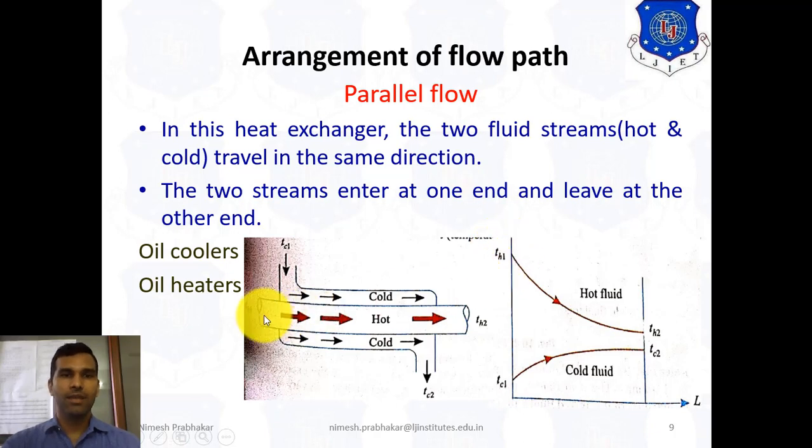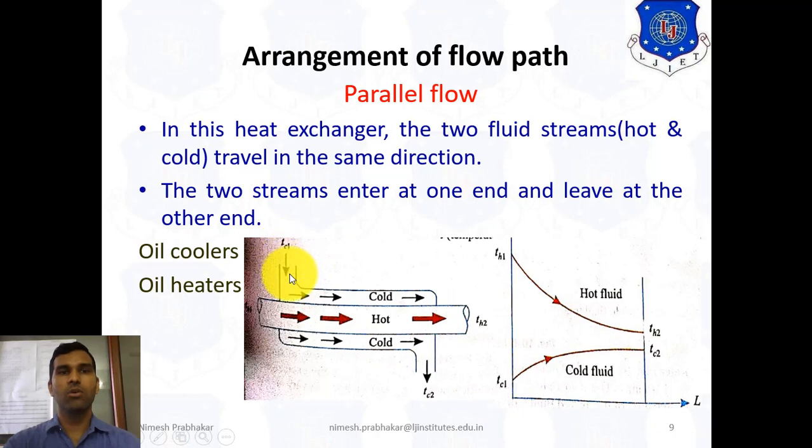First the hot water temperature is high, and due to heat transfer, the temperature of the hot water is reduced in this direction. So TH2 is the outlet temperature of the hot water. Here the cold water temperature is TC1.